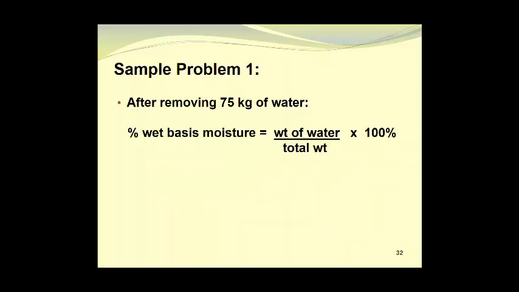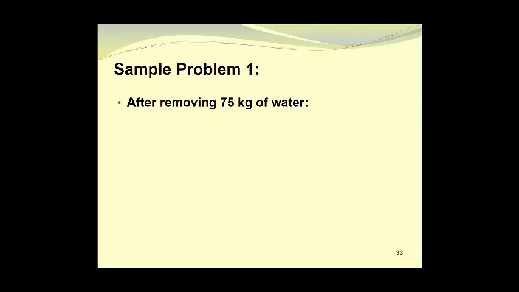The percent wet basis moisture will be equal to the weight of water that's present divided by the total weight of the material times 100%, which is 42.5 kilograms of water divided by 50.0 kilograms of material times 100%, and that's equal to 85.0% wet basis moisture.